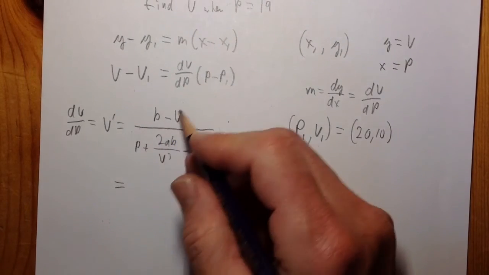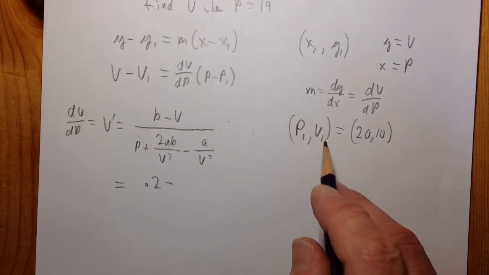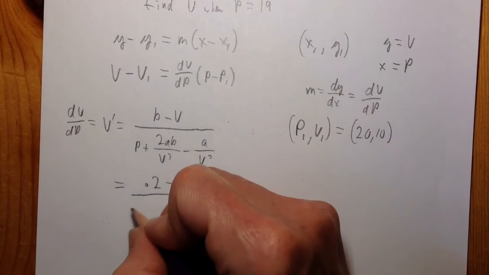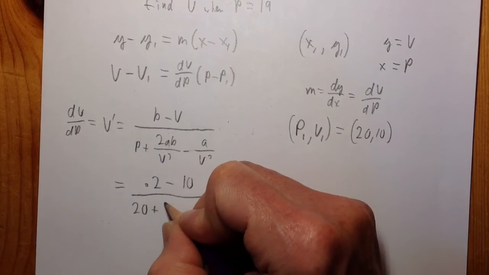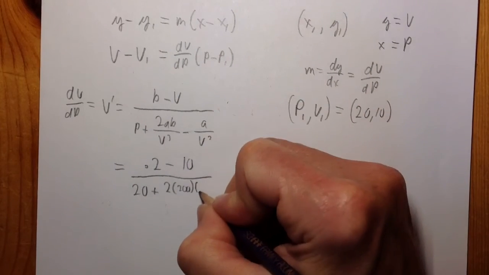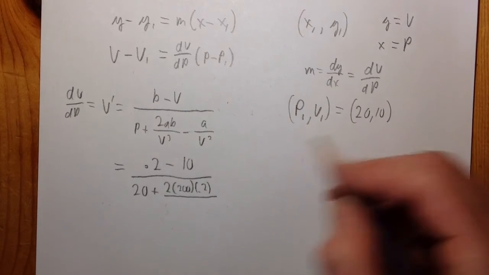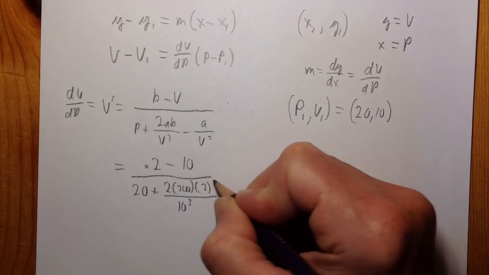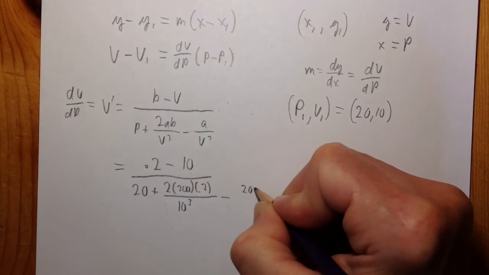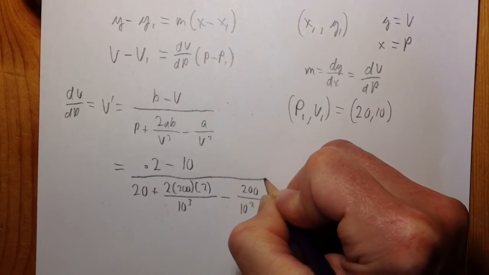So b is 0.2. We want to know when the volume is 10. So 0.2 minus 10, divided by p, which was 20, plus 2 times a, which is 200, times b, which is 0.2, divided by v cubed, where v was 10, so 10 cubed, minus a, which is 200, divided by v squared, which is 10 squared.